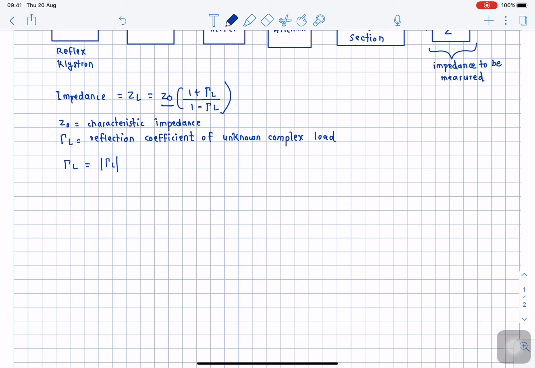Please remember it is denoted with magnitude and phase in this particular way: gamma L equals mod gamma L times e raised to j phi L. So this is the equation with which the reflection coefficient is evaluated, where mod gamma L is the magnitude of the reflection coefficient, and e raised to j phi L provides the phase of the reflection coefficient.